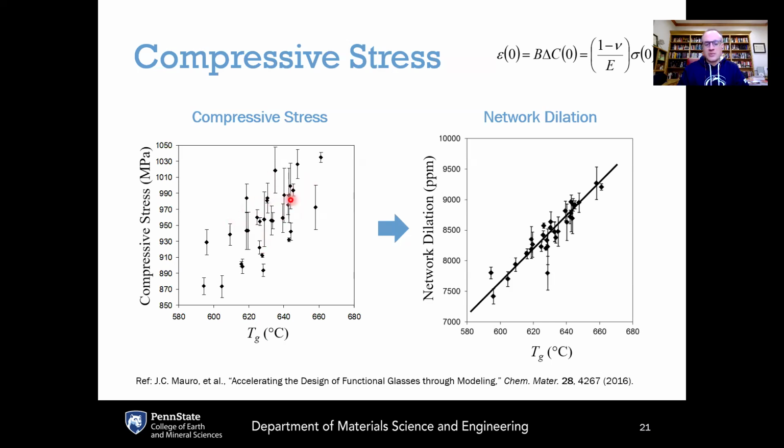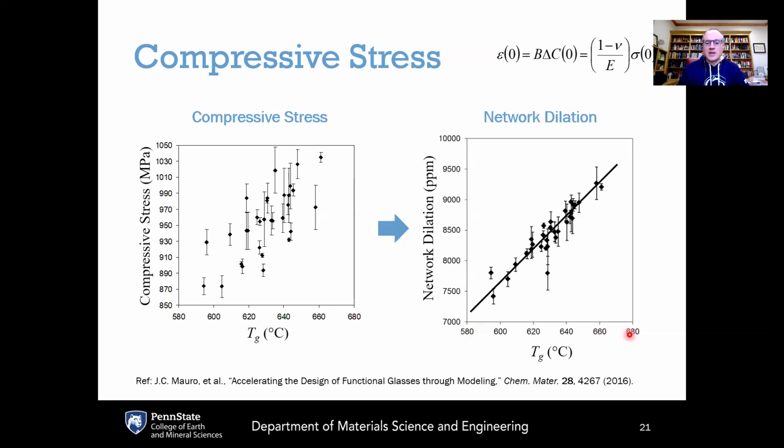And so, there may be a relationship, but if we do some mathematical manipulation on this to express this not in terms of stress, but in terms of strain, so using our network dilation description in terms of strain instead of stress. So the strain here is equal to the stress times 1 minus Poisson's ratio over the Young's modulus. Then this strain here causes all of these points to collapse onto a single master curve.